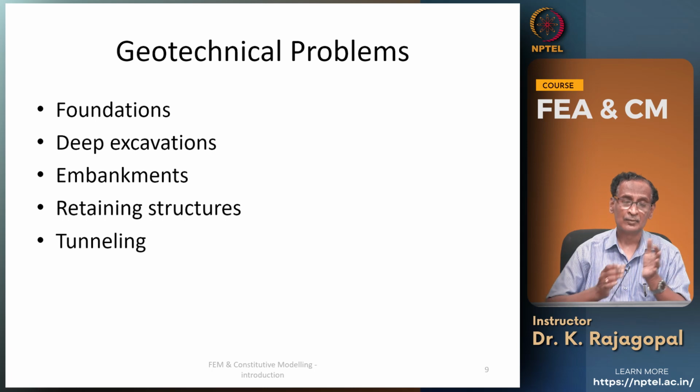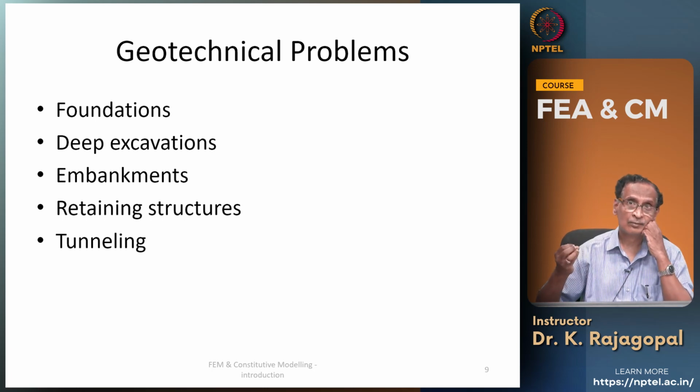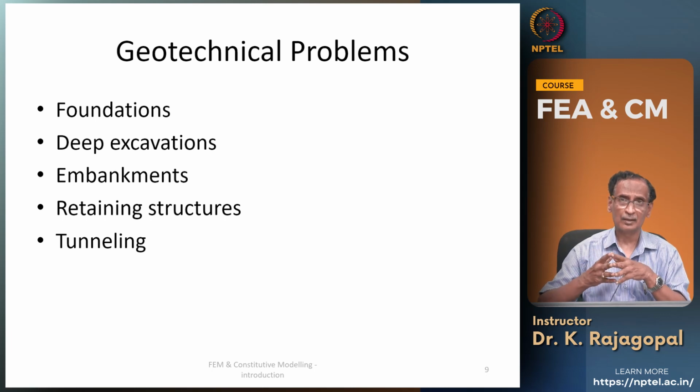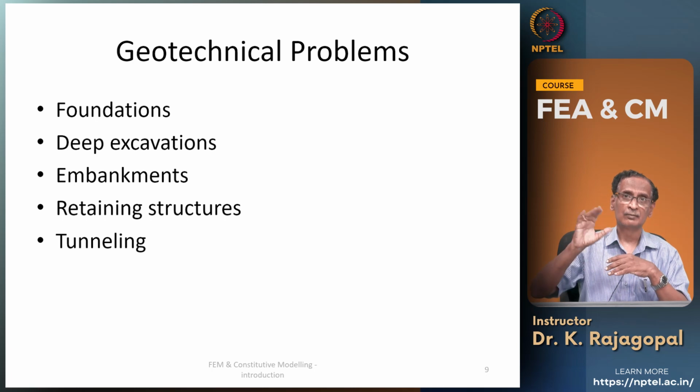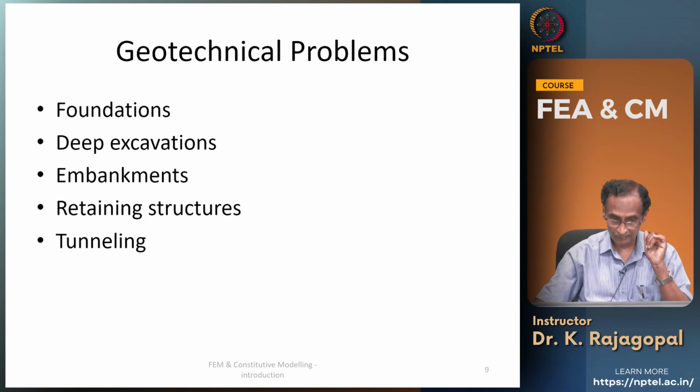Then tunnels. Tunneling is one of the most complicated engineering activities, and especially the tunnels done through city areas are really complicated, because we need to be doubly sure about the safety of the structures that are there above the tunnel.